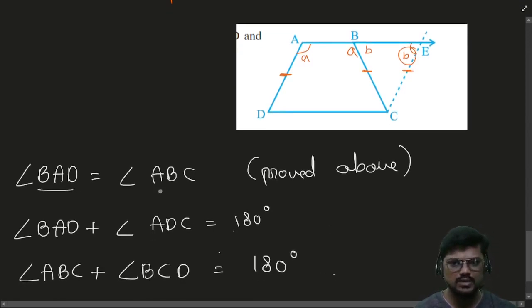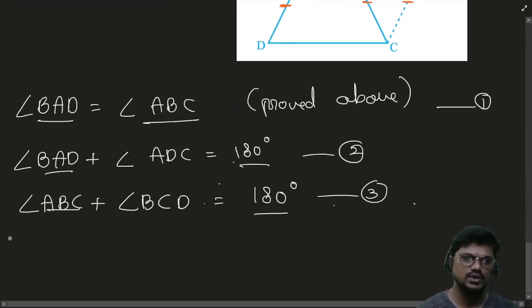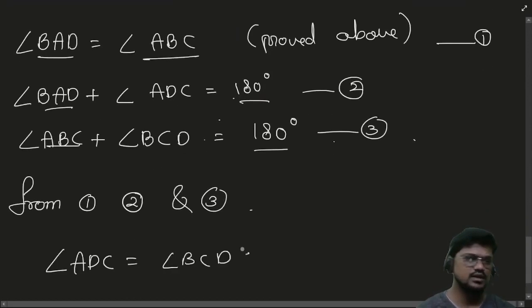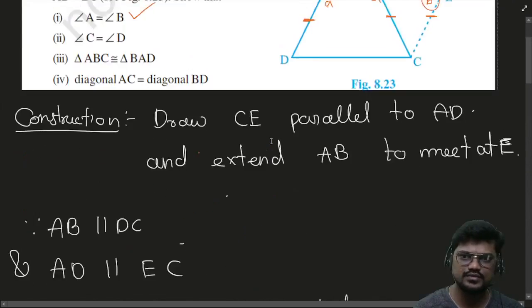See, we already knew that BAD equals ABC, and these two are already equal by numbers, so both have to be equal, no? So this is 1, 2 and 3. Again, from 1, 2 and 3, what we can say, angle ADC is equal to angle BCD. Is that clear? Yes.